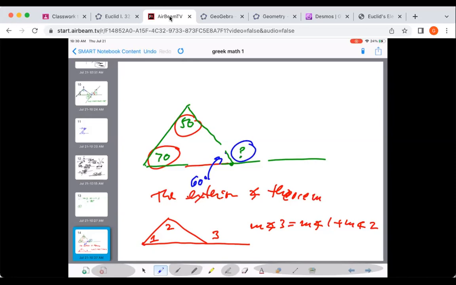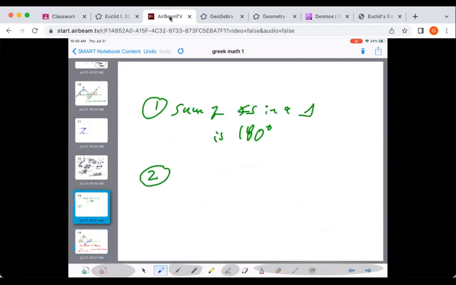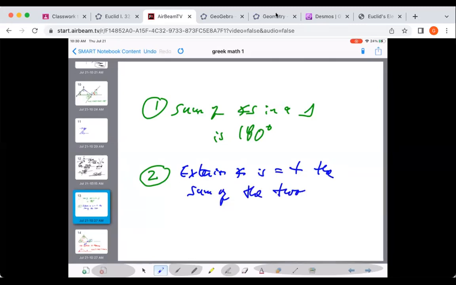But there are times when we need the exterior angle theorem for another reason, not just to calculate the size of the exterior angle. So let's add that in as our second theorem. Exterior angle is equal to the sum of the two. There are three angles in the triangle, so we call those the two remote interior angles.